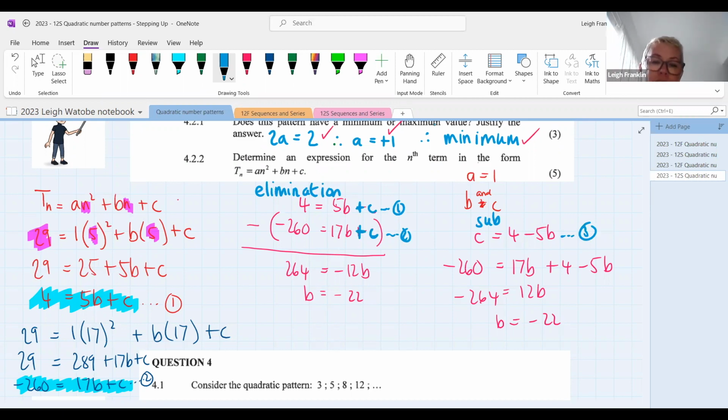When the coefficients are the same, we can eliminate, so we can either eliminate by adding or by subtracting. So essentially what you're doing is you're working in columns. So you're saying 4 minus negative 260 and getting 264. Then you're working in the B column here. So 5b minus 17b is negative 12b, and positive c minus c is 0. That's elimination. The c has been eliminated. Does that make sense, Nico?